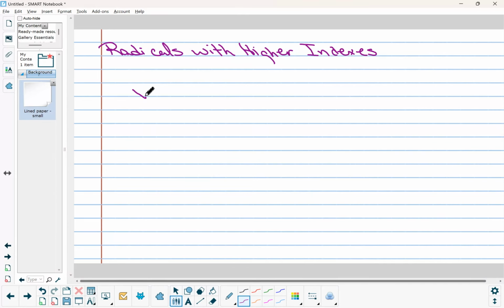Okay, so when I have a radical, normally we talk a lot about square roots, and it's assumed that this little number in here, this invisible number, is a 2, hence the square root. But if you see a number other than that, or there is a number in there, well, that number is the index. Okay? And that number tells you how many things you have to circle to get one out.